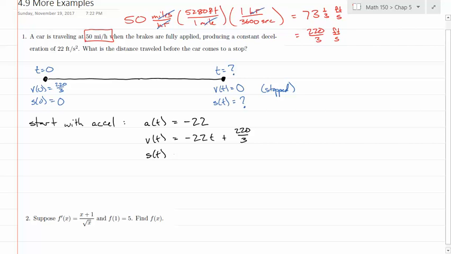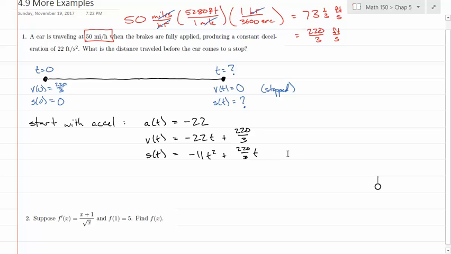To get the position function, you just do another antiderivative. Okay, the antiderivative of -22t would be -11t squared, the antiderivative of a constant would be the constant times t, and then plus another constant, which is really plus the initial position, but the initial position is 0.